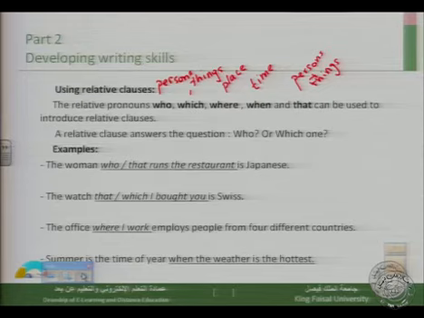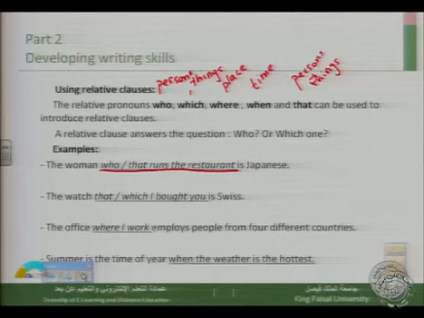Examples. The woman who or that runs the restaurant is Japanese. Here the underlined clause is the relative clause. And here we combine two sentences. The first one is: the woman runs the restaurant.